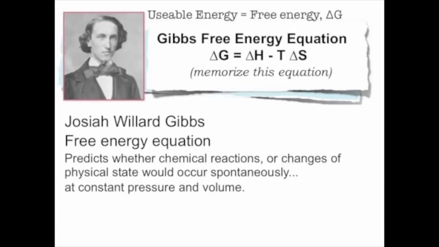This usable energy is called free energy, delta G, and it can be calculated by the Gibbs free energy equation that's shown here. You're going to have to memorize this equation. It's delta G equals delta H, which is a change in enthalpy, minus the temperature, T, times delta S. This equation was developed by Josiah Willard Gibbs, and it's called the Gibbs free energy equation.